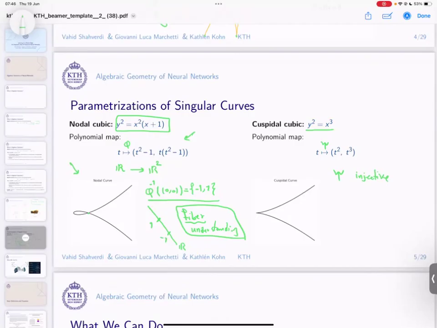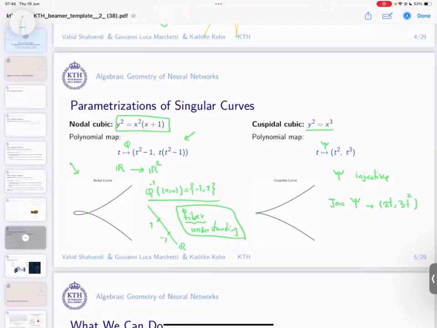But what happens here is that we still get a singular point. This singular point is not because psi is not injective. It's because of the Jacobian. The Jacobian of this parameterization, if we compute it, gives us 2t and 3t squared.